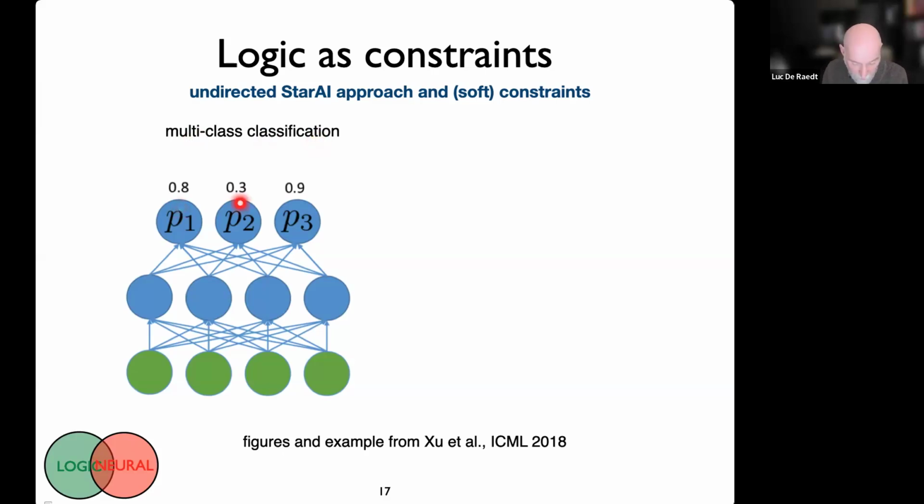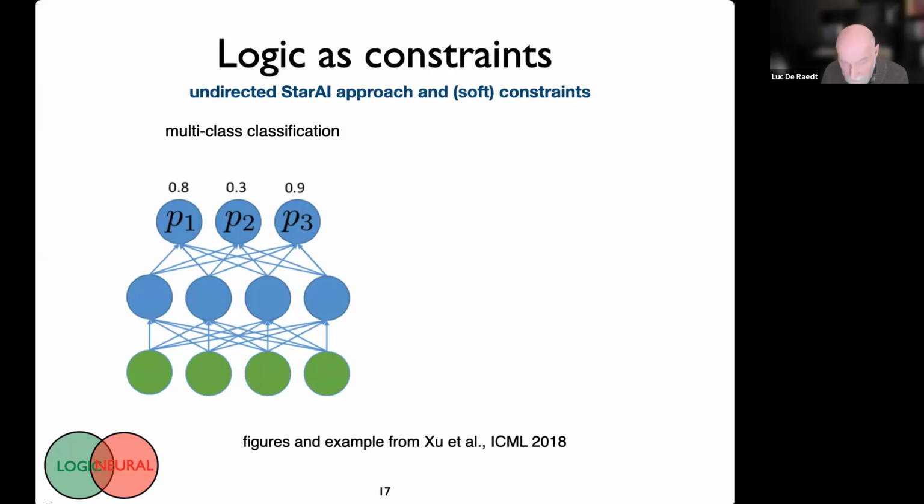There are 3 possible classes, and if you have 3 possible classes to predict, you basically want only one of them to have a high value. So this is a pretty undesirable situation, that both class 1 and class 3 have a high value. And of course, you could solve that with a softmax, but suppose for the purpose of the argument that you're not using a softmax, but that you want to constrain your neural network in other ways.